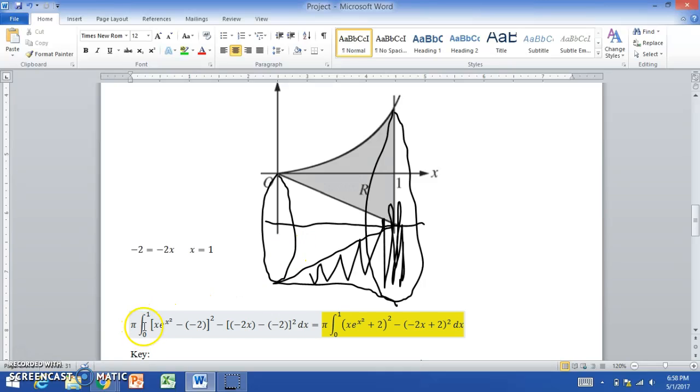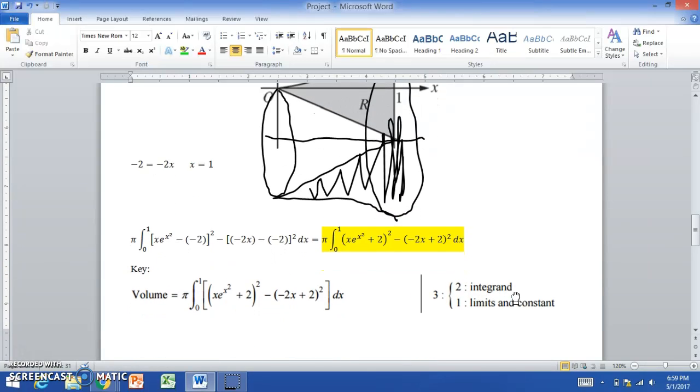So pi times the integral from 0 to 1 of x times e to the x squared, which is the outer function, minus negative 2, which is the line that we're rotating, squared, that is also the important part, minus negative 2x, which is the inner function, minus negative 2, the line, squared. And we simplify everything, that will be our answer.